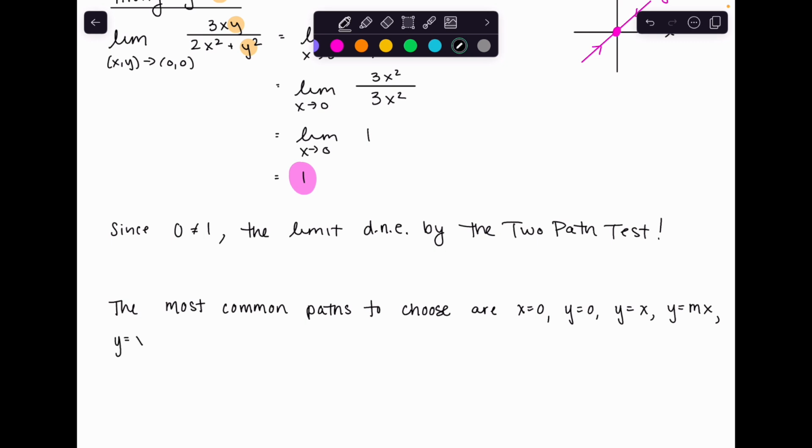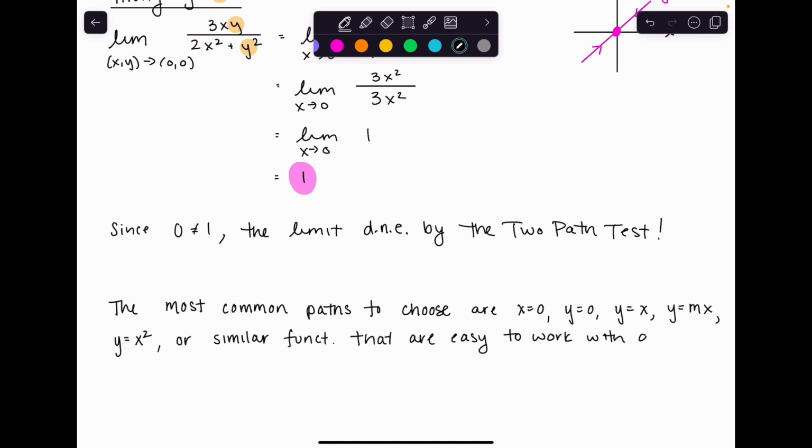You can pick y equals x squared, or just similar functions that are easy to work with. And they go through 0, 0.